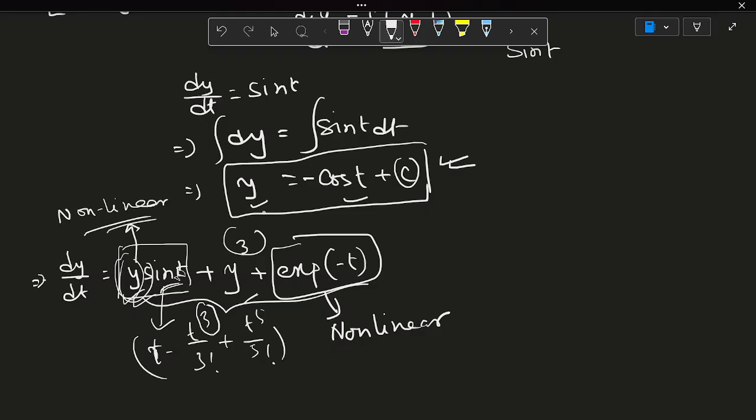So if you have this kind of very complicated term in your differential equation, then it becomes very hard to solve this differential equation analytically. That is why, in that case, it is handy to use numerical integration.